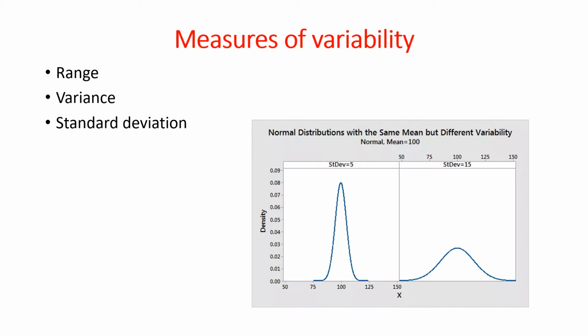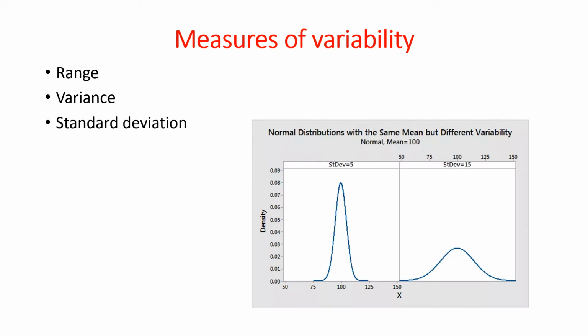What makes measures of variability very cool is that they give you a different insight on your data. So if you look at this graph here, you'll see that the mean is 100 in both of them. However, the variability is highly different in these two groups.